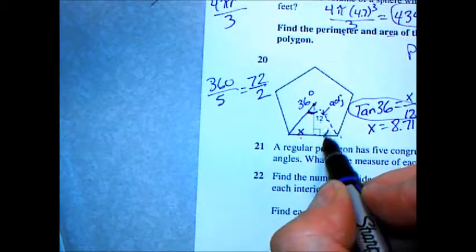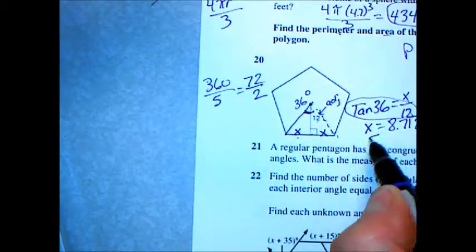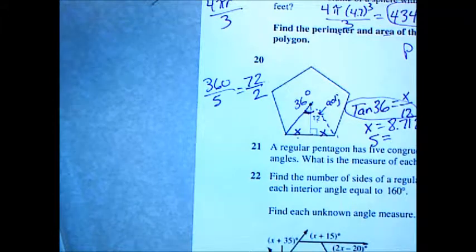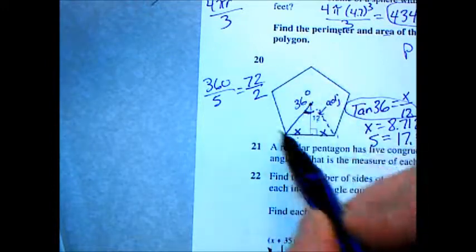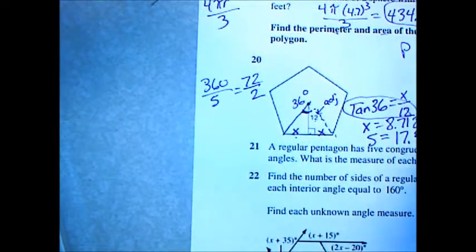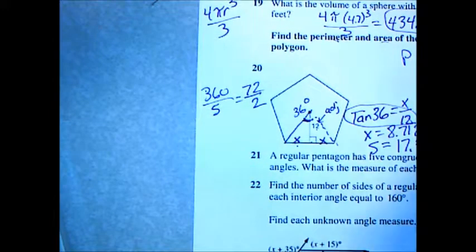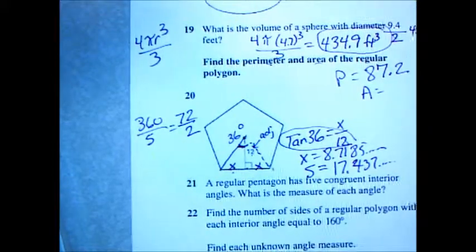I need to double it, so I'm going to multiply that by 2 to get my side. That gives me 17.437 and on. And then to get the perimeter, I'm going to multiply this number by 5. And that means the perimeter is 87.2, basically.